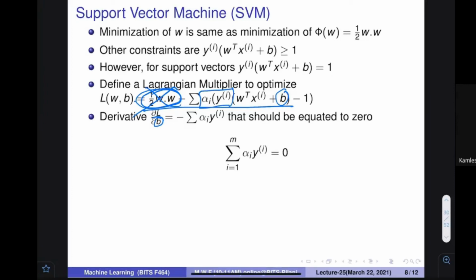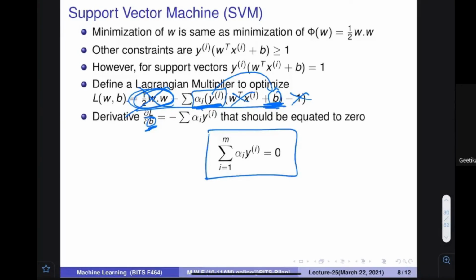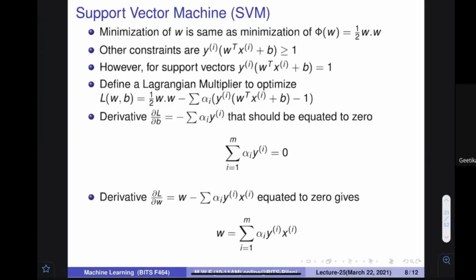If you find the derivative, all other things become 0 because b is a single term when you differentiate with respect to b. But alpha i yi summation over all the data points should be 0. Okay, so this is one condition that we come up with.